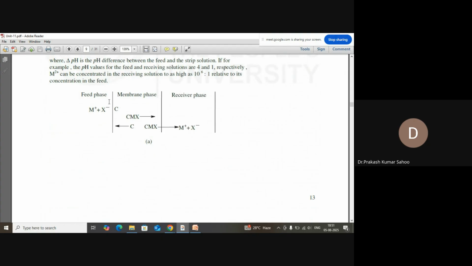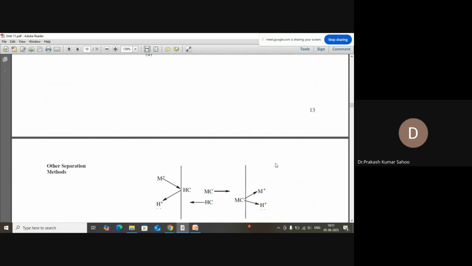Then we have the feed phase, membrane phase, and receiver phase. So the membrane combines with a sample of different ions to form a complex, and accordingly the membrane gets back, and the ions get filtered or separated.